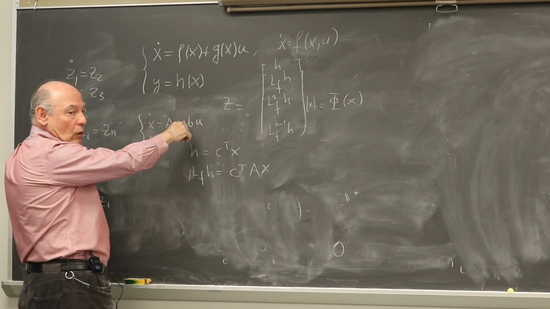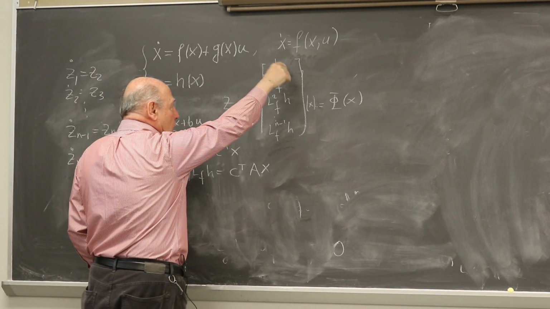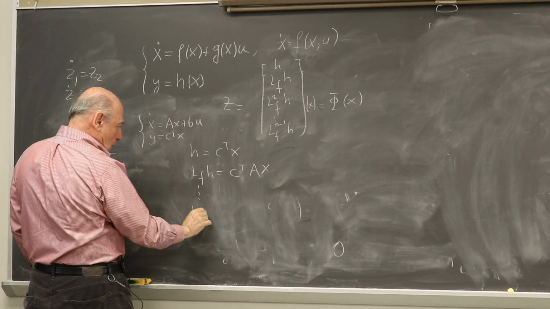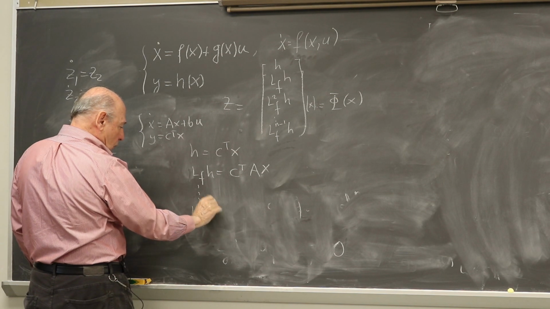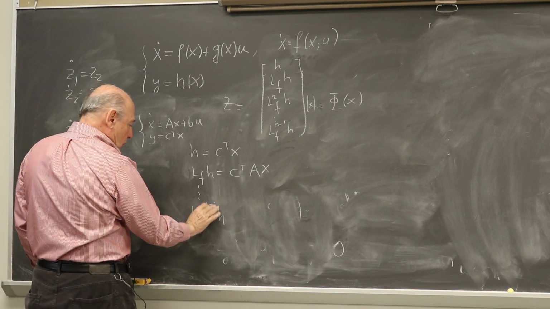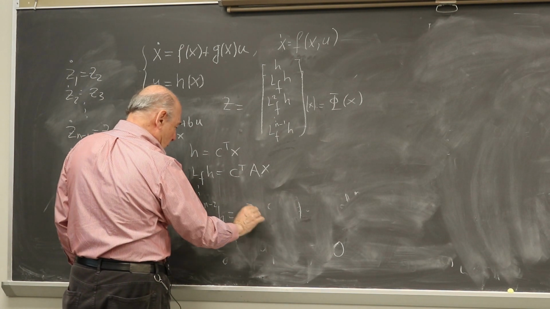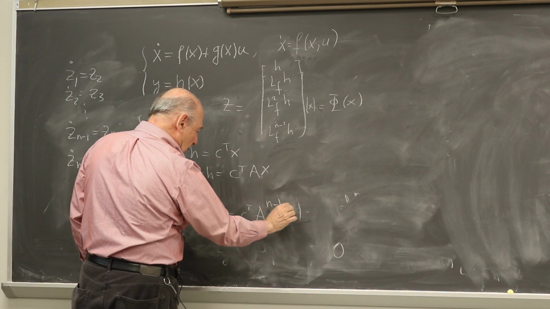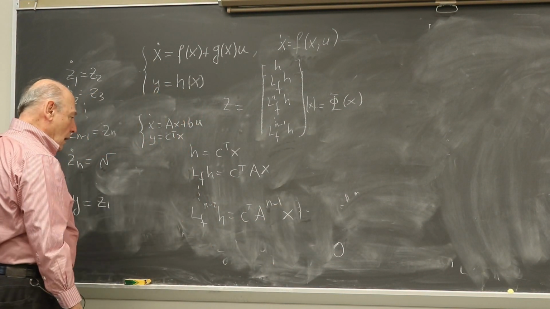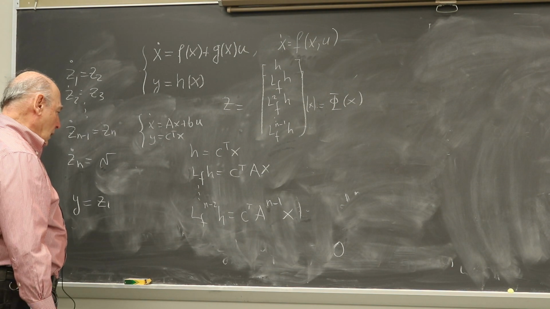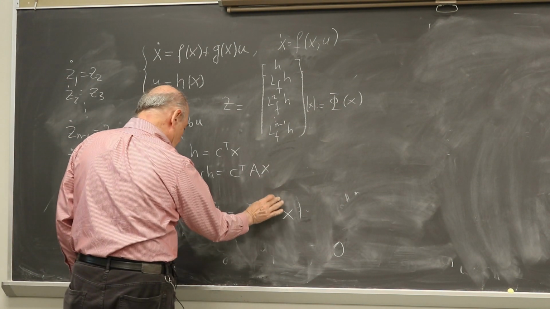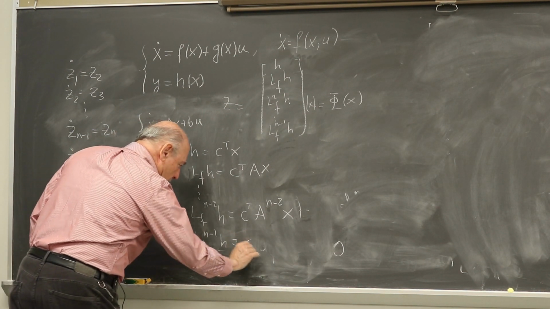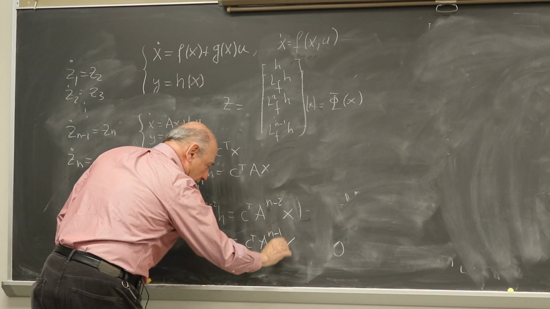Okay? And there will be no U coming in because we are blocking those, as we show. So L_f^(n-2)h will be C transpose A^(n-2)x, and L_f^(n-1)h is C transpose A^(n-1)x.